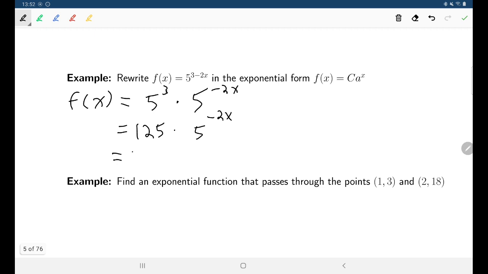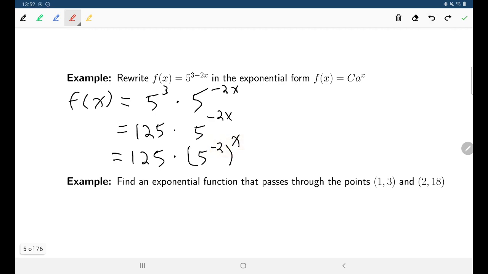But again, we can use the exponential properties that we know to fix that. Because if you're thinking about 5 to the power of negative 2x, you could think of that as 5 to the power of negative 2, to the power of x. Because remember that when we have a power raised to a power, we multiply those powers together.